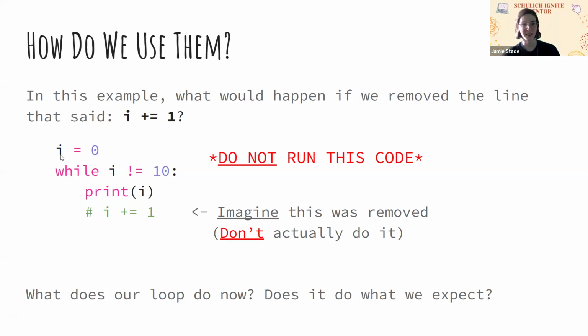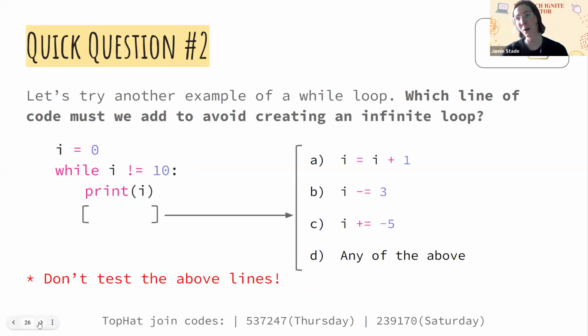If we look at this, i is equal to 0, and we say, well, i is not equal to 10, print i. Then we go through again, i is still equal to 0, print i again. Then we go through again, i is still equal to 0, and so on and so forth. Forever. That's not good. We don't want our program to go on forever. So whenever we have a while loop, you've got to make sure you're always incrementing your variables so you don't get caught in an infinite loop.